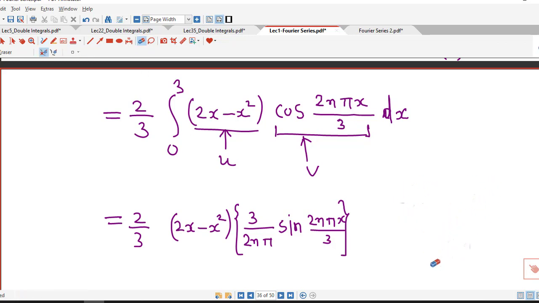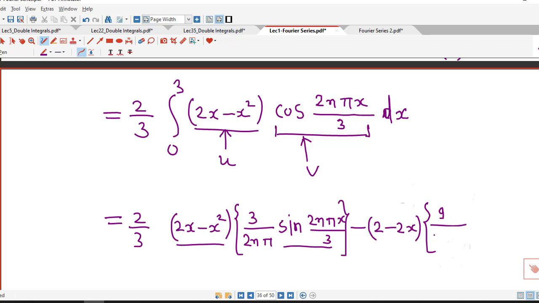Then minus the derivative of 2x minus x square, which is 2 minus 2x, and the integral of this sine function, which is going to be minus cos 2n pi x divided by 3 divided by 2n pi by 3, and that will multiply with 3 upon 2n pi.